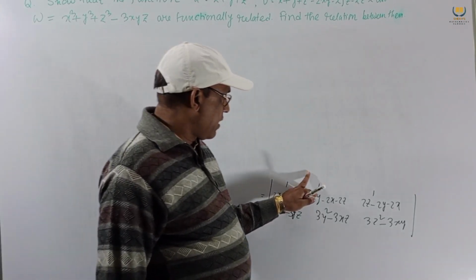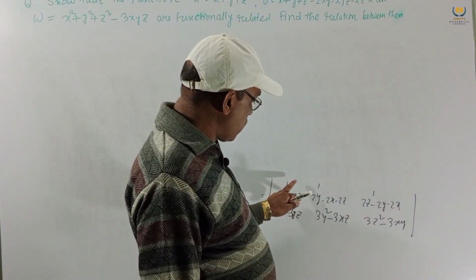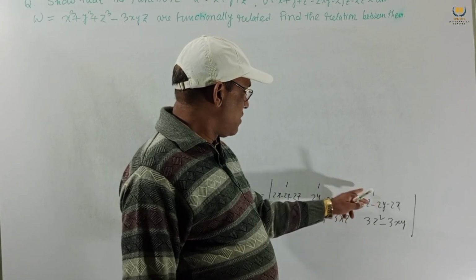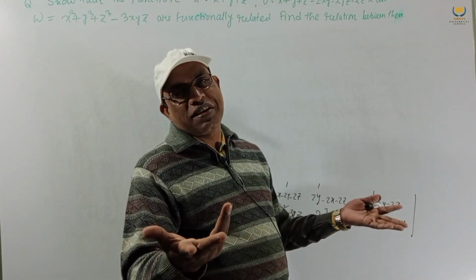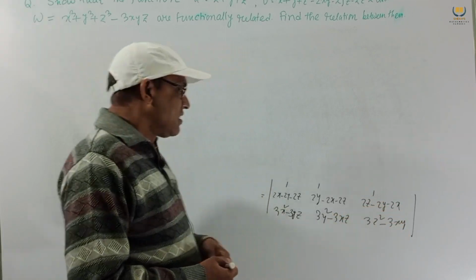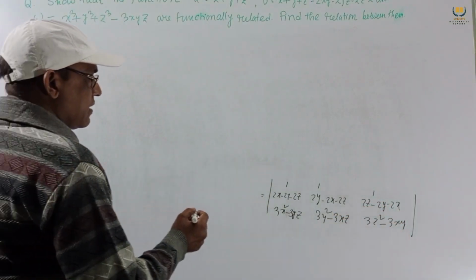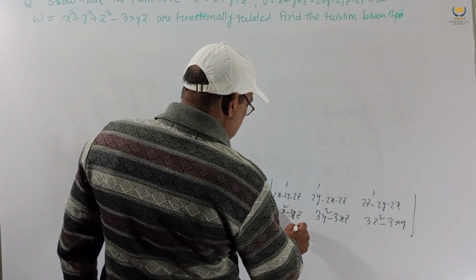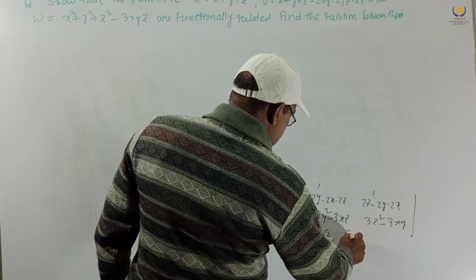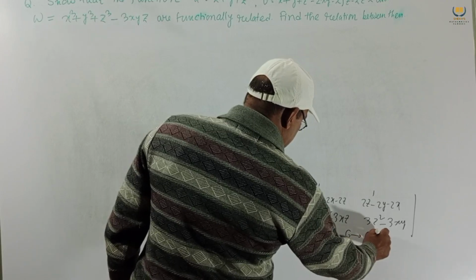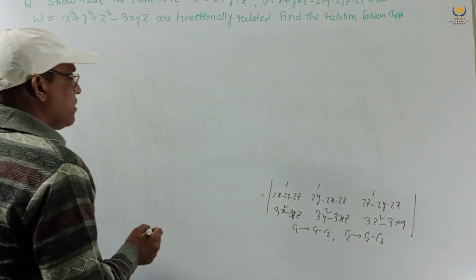Now if we subtract these two columns, this minus this and this minus this, we get 2 zeros. If we get 2 zeros, then the answer is a shortcut. So we write C1 tends to C1 minus C2, C2 tends to C2 minus C3.